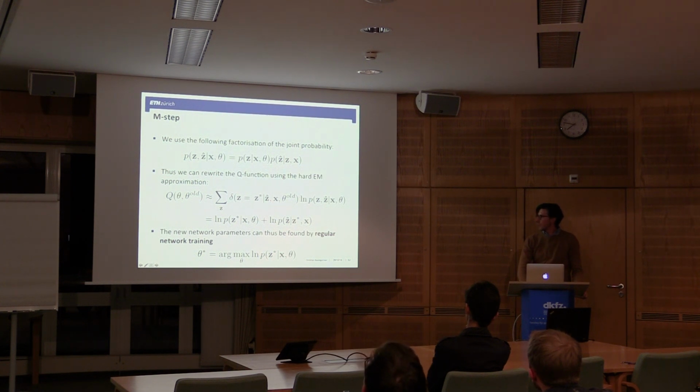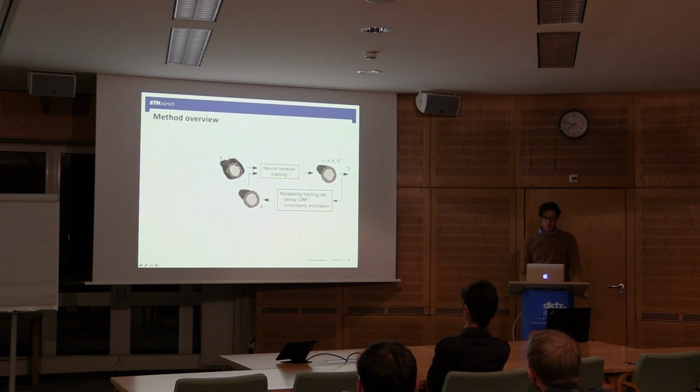And we notice that this term doesn't depend on theta. So when we try to optimize, all we end up with is this equation here. And you may recognize this again as normal neural network training. So this is just finding the parameters that maximize the likelihood of the labels we found in the relabeling step.